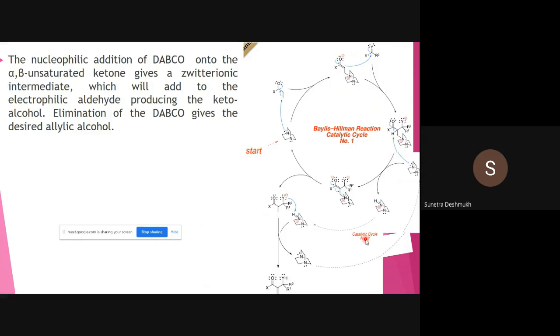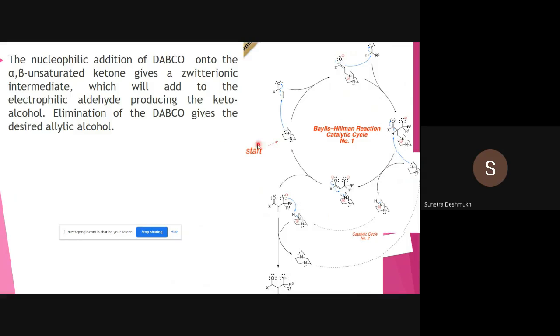I have given some other mechanisms also, but I think this is the more precise mechanism, and with this one you get a point-to-point clear idea of what is happening at which point, where the proton is shifting, where the positive charge is, why the positive charge is shifting, how DABCO is involved in the reaction, and how we can regenerate the catalyst. Everything I have covered over here.